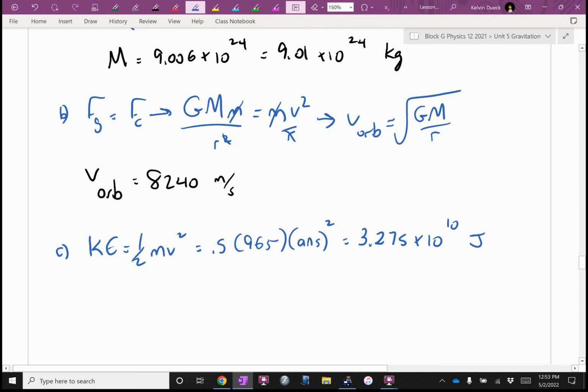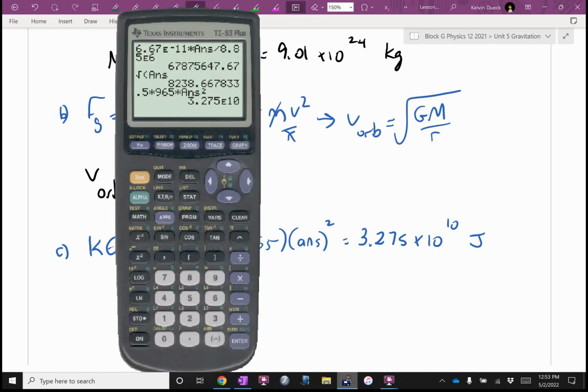There's another way I could have done this. I don't know if a bunch of you were away Friday, but for those of you who were here on Friday, we noticed some patterns. The other thing I could have done was this. What was the potential energy in orbit? What did it say? They told me. What was it? Times 10 to the what?